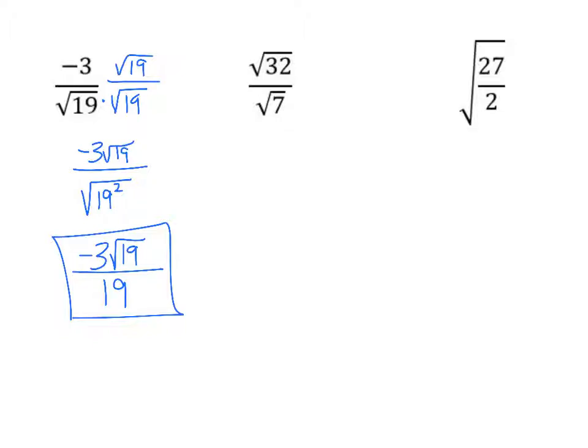In this example, I'm going to take this square root of 32, and I'm not going to spend a lot of time on the reducing because you've already done that in 9.2, but I know that 16 times 2 is equal to 32, and 16 is a perfect square, so I can reduce that square root of 32. It would become a 4, because the square root of 16 is 4, root 2.